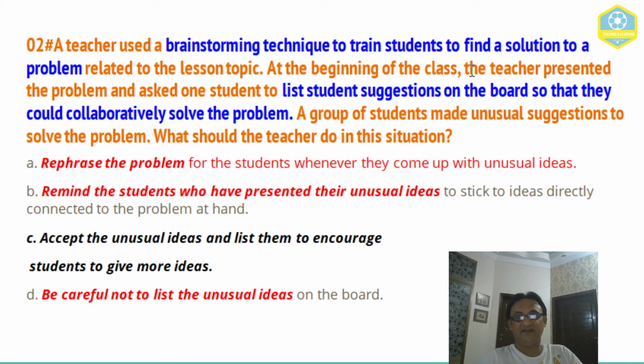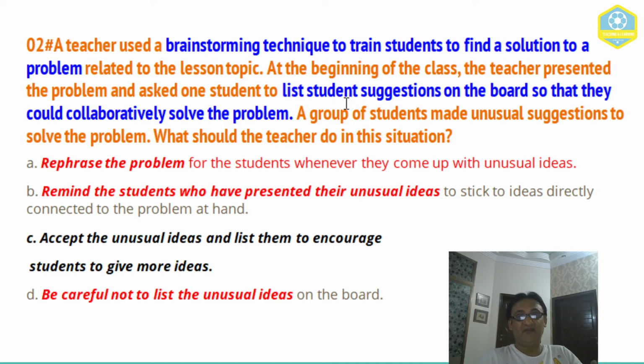At the beginning of the class, the teacher presented the problem and asked the students. Now the teacher lists student suggestions on the board so that they can collaboratively solve the problem. So you list their suggestions onto the board so that they can easily find the solution.